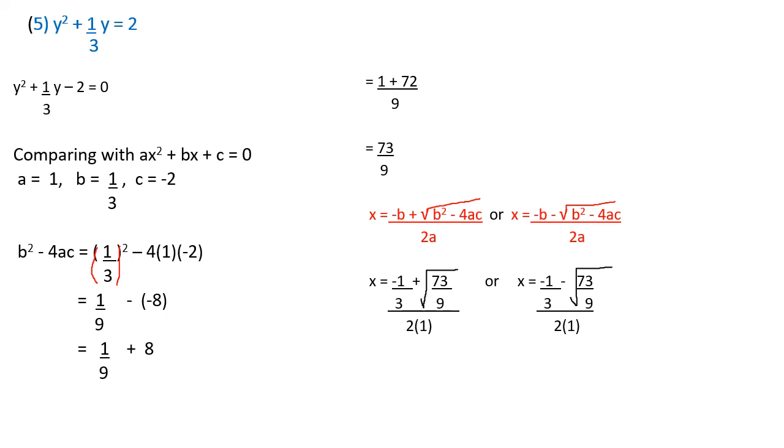Okay, so how will you solve this further? Have a look here. Now let us have a look at this. Now the root of 73 upon 9. So this gives me the same thing, but now I have multiplied the denominator, which is 73 upon 2.